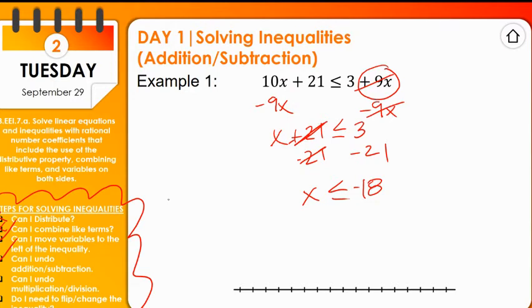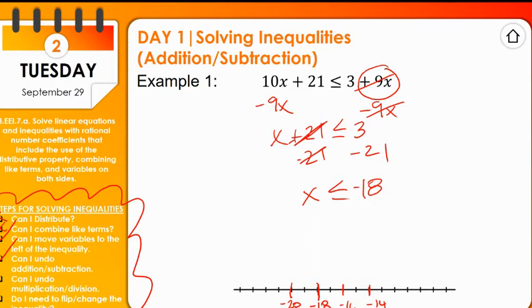So in order to solve or graph this inequality on the number line, negative 18, negative 20, negative 16, negative 14.